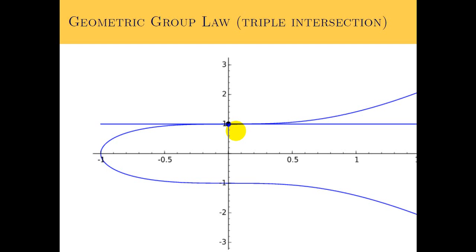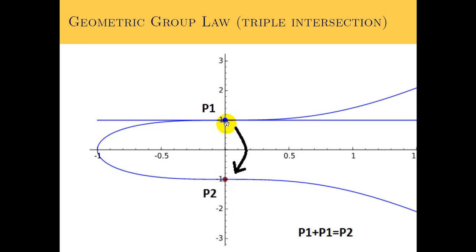This point 0, 1 is a solution of order 3 to the intersection between the curve and the tangent line. So in this case, we think of the third collinear point as being itself. If we want to add this point to itself, its third collinear point on the tangent line is itself. And so as normal, we reflect that over the x-axis, and that's the result. So that's how it works for a triple intersection.